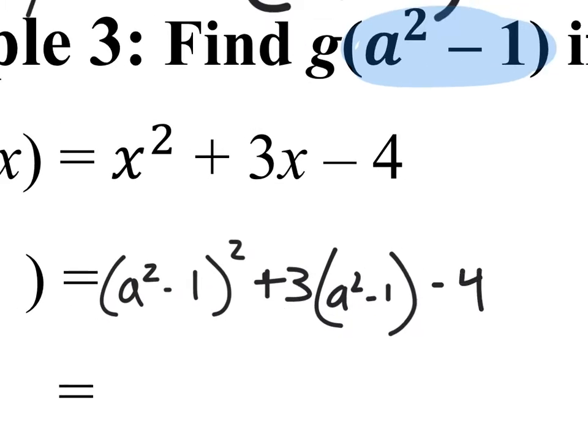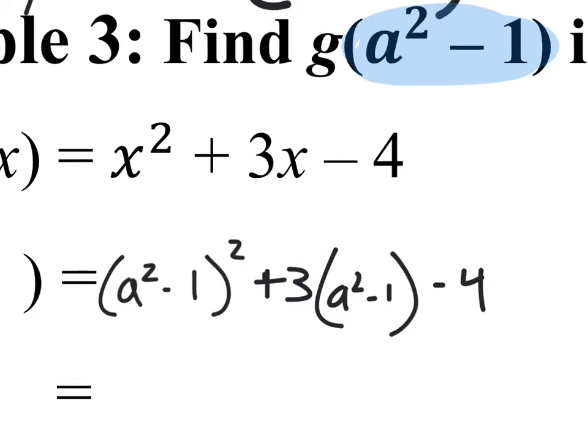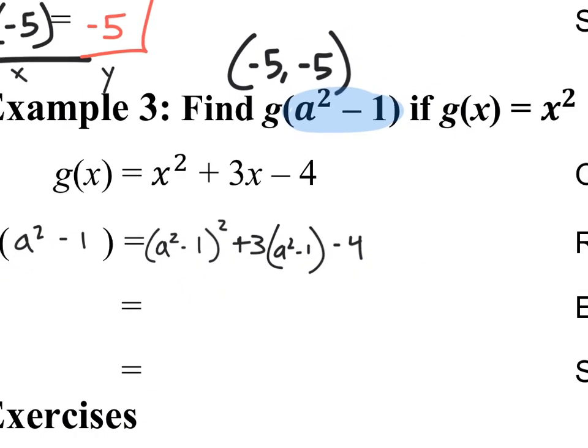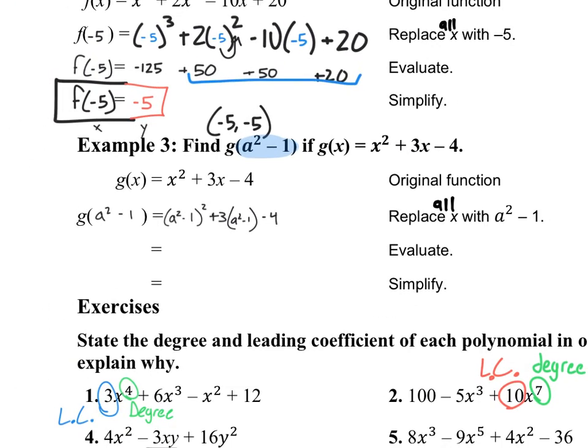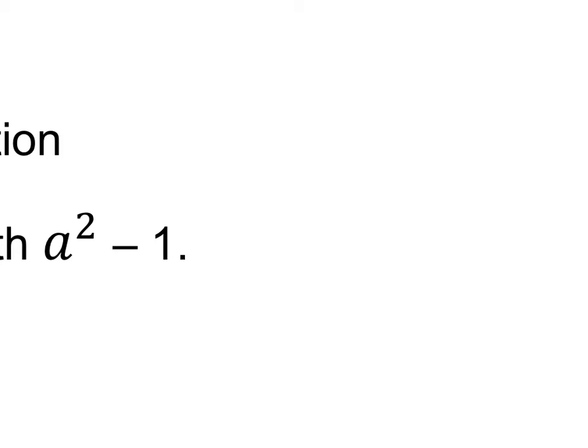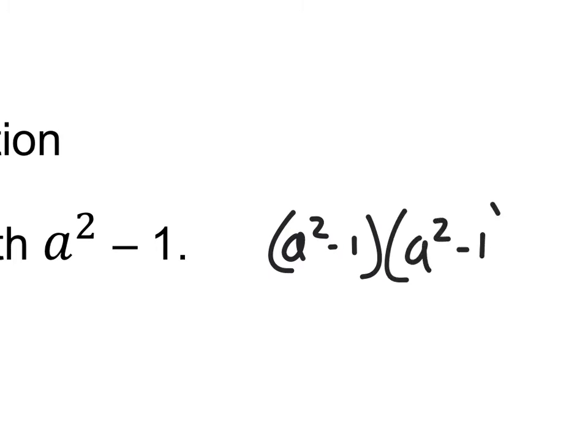And the reason for that, and we learned this in Pascal's triangle, I cannot simply just square that and that. Really what's happening for a squared minus 1 squared is, I'm going to take it over here, when we're doing a squared minus 1 squared, it's really having us do this. And we'll need to FOIL it out.